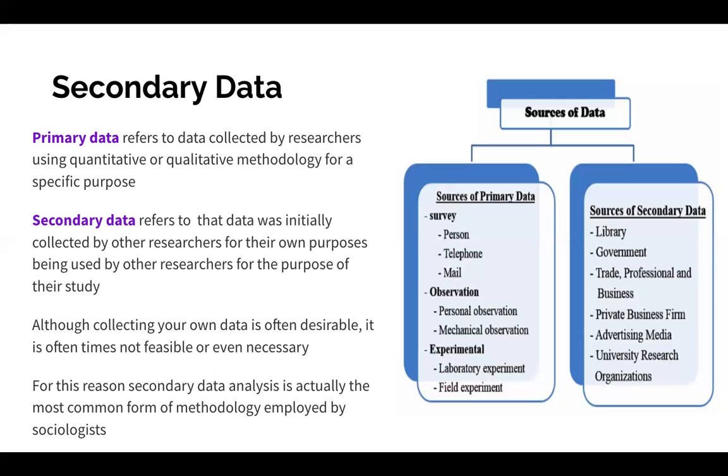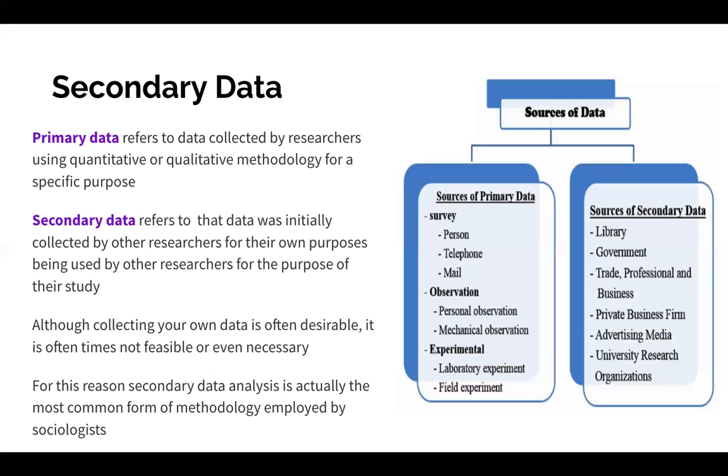For this reason, secondary data analysis is actually the most common form of methodology employed by sociologists, particularly your graduate students, your master's and doctoral students, but also sociologists who are less established in their career, or who, because of their teaching commitments, have less time to collect primary data.